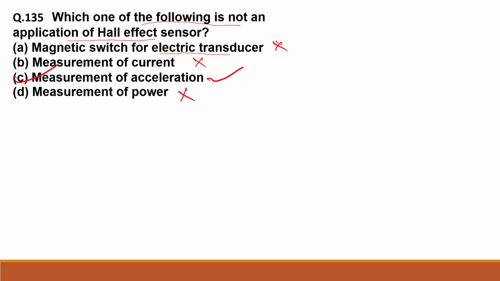It is used as a magnetic switch for electric transducer, and they are used in brushless direct current motors to detect the position of the permanent magnet. And the last point: Hall sensors are used for proximity switching, positioning, speed detection, and current sensing applications. Guys, these are the applications of the Hall effect sensors.